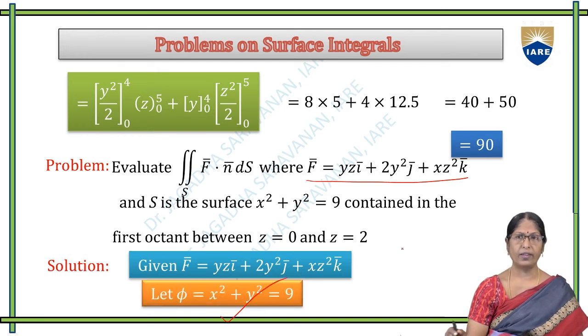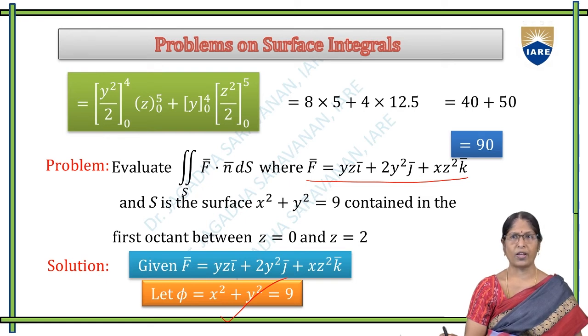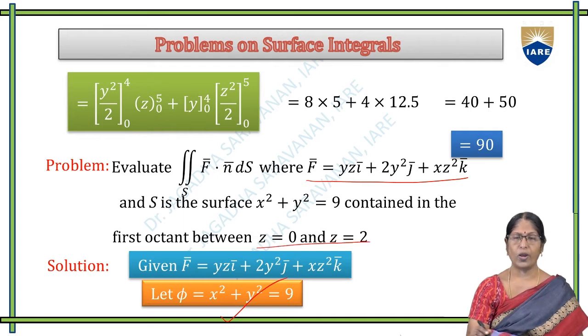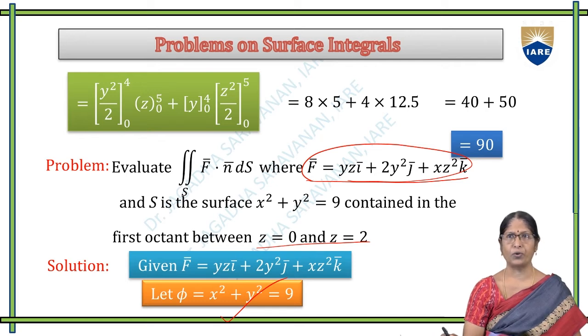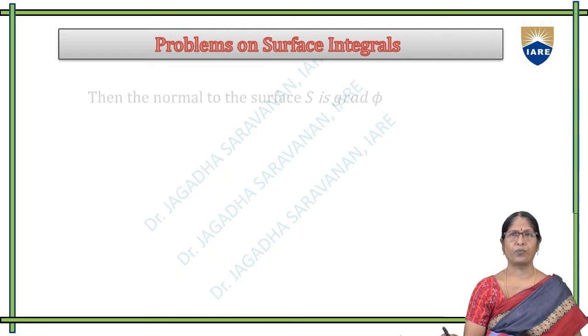This is our φ, that is φ equals x² plus y² equals 9, and z varies from 0 to 2. The function is almost similar to the previous problem, but the limits are different and the function is completely different, so when we evaluate the integral we will get a different value.